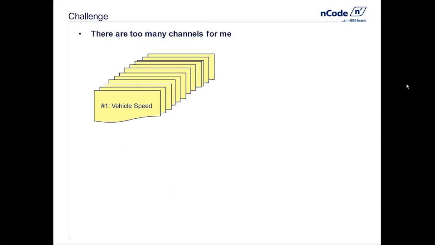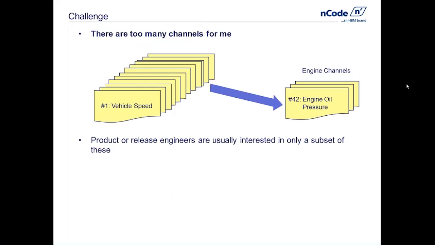Let's take a look at another challenge. A lot of times, because we have the increased capacity to handle a lot more channels, maybe up to 5,000 channels, this is a lot of data. When we look at it, product or release engineers or analysts are typically used to looking for a subset of that channel count.